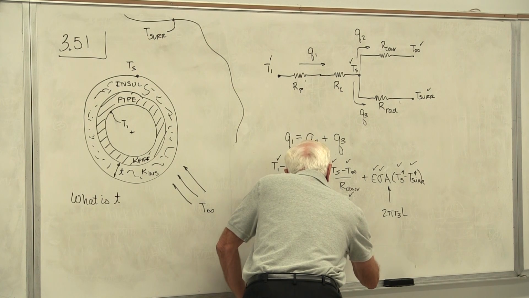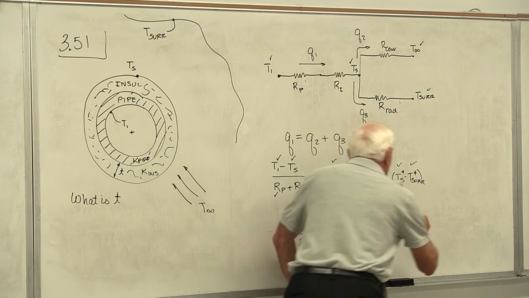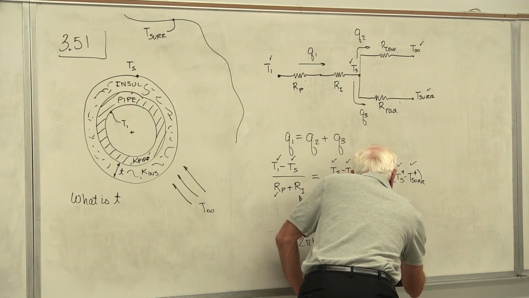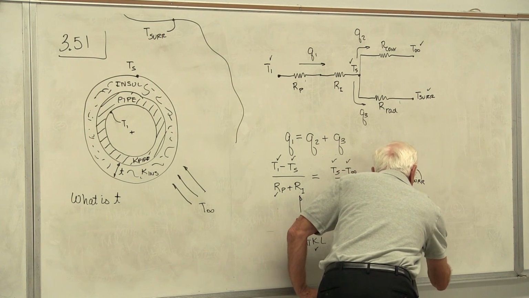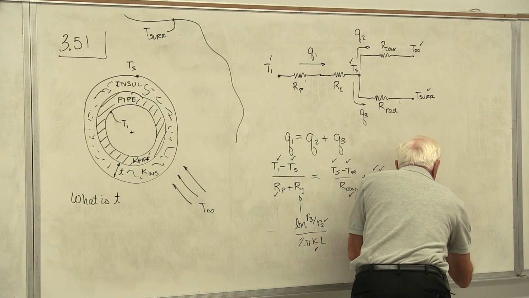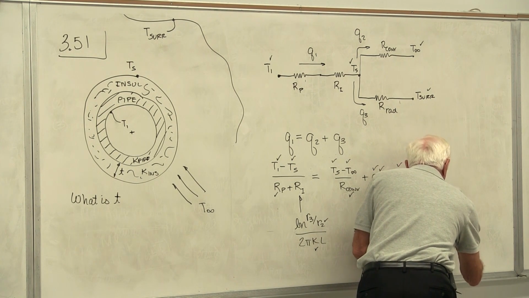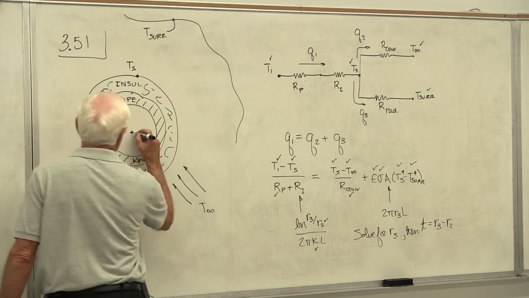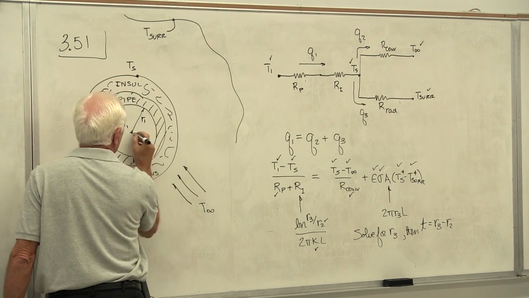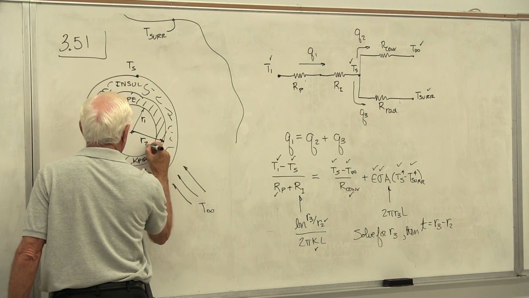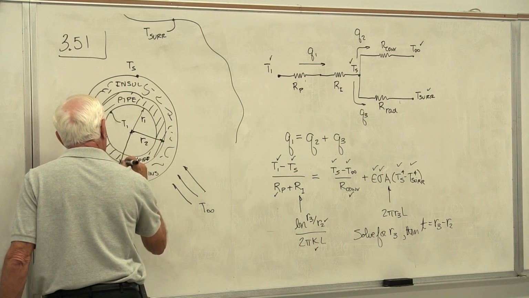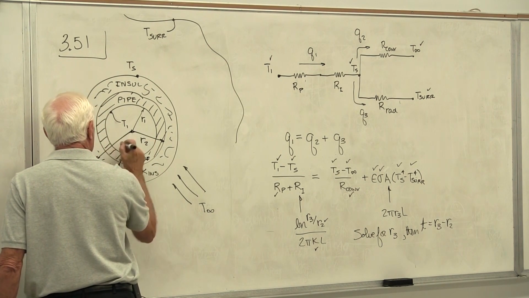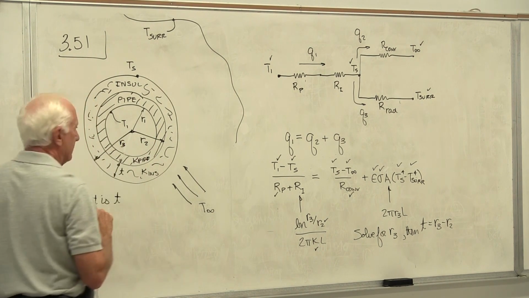I know R2. What I don't know is R3. So solve for R3. Then the thickness of the insulation equals R3 minus R2. Okay, there it is right there.